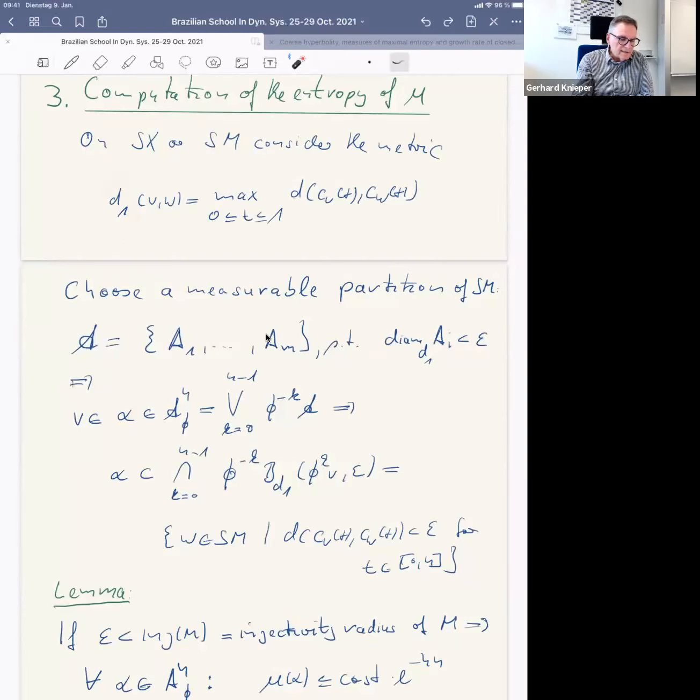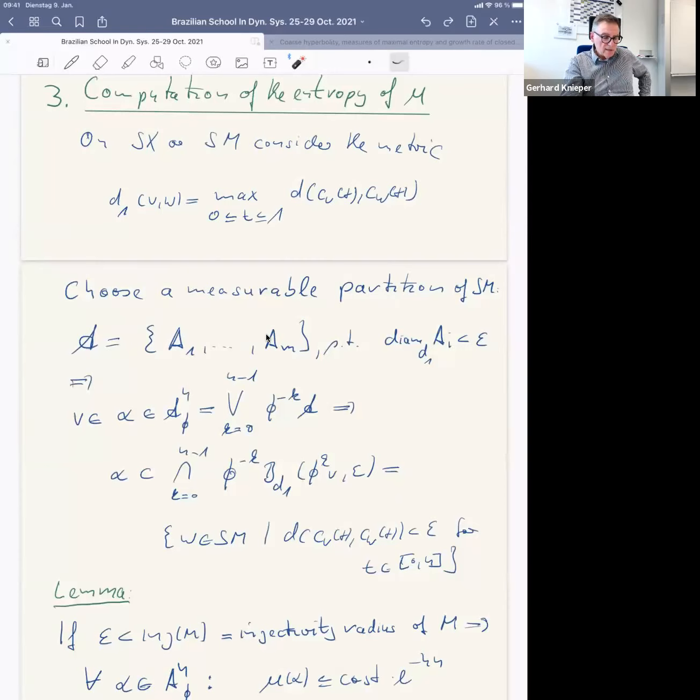You take two vectors and you take the geodesics for time t between 0 and 1, and you look at the maximal distance of the geodesics at time t of the possible distances. This definitely defines a metric on the unit tangent bundle.